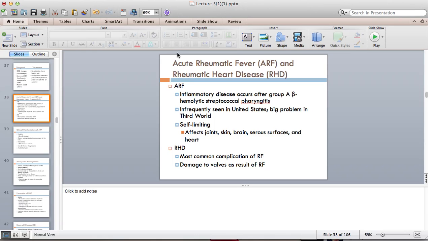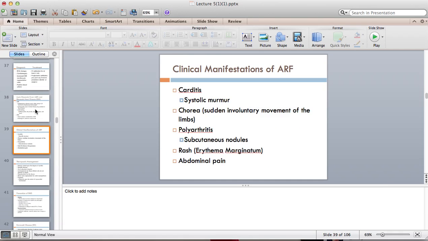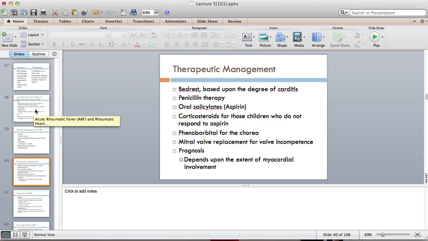Again, our treatment will be bed rest and treatment with antibiotics, commonly penicillin, which is the cheapest, unless that person is allergic to penicillin. Another treatment that we have is aspirin. Yes, we like to not use aspirin in children, but we have two conditions where we recommend aspirin. One of those is this one, and the next one will be Kawasaki, which we will see later in this lecture also.